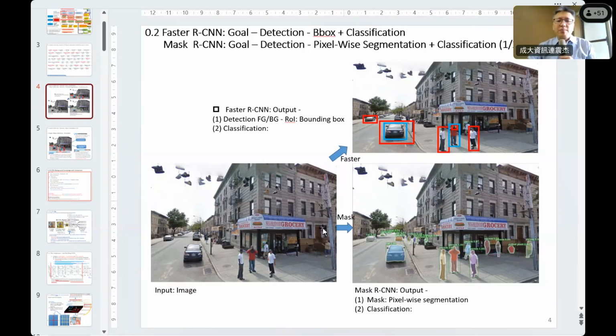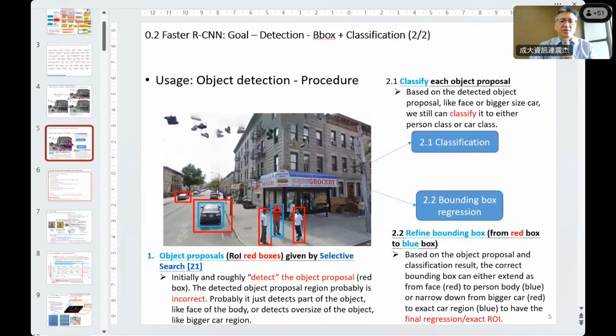And for the Mask RCNN mask, they do the pixel-wise segmentation for the foreground and background, 2 classes. After they do the segmentation, based on the segmentation region, they classify to be like 80 classes or 1,000 classes. Okay.